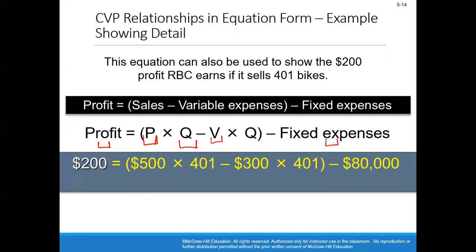Another component is fixed expense. Another component I mentioned is the number of products in the product mix. So if you have 10 products, you have to do this part of the calculation 10 times. And you need to subtract the fixed expenses as a single number.